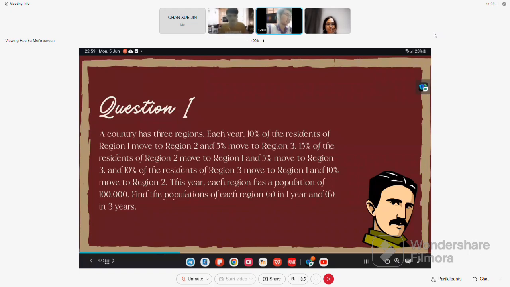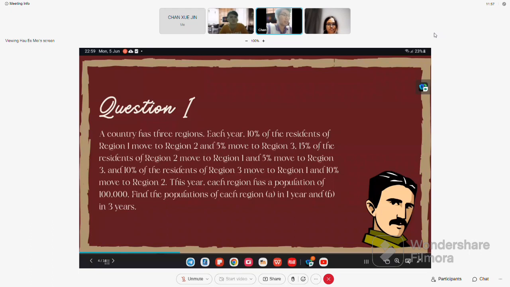For question 1, a country has 3 regions. Each year, 10% of the residents of region 1 move to region 2 and 5% move to region 3. Then 15% of the residents of region 2 move to region 1 and 5% of region 2 residents move to region 3.